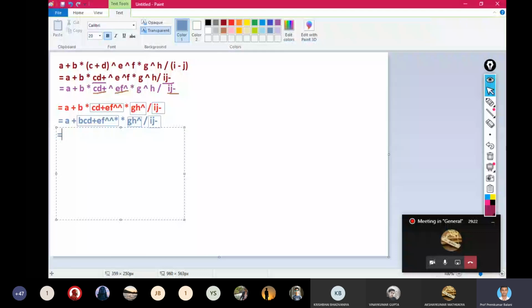Equal to A plus BCD plus EF raised to and star, and okay. Now on these two we will convert to postfix: GH raised to and star, and then division and IJ minus.